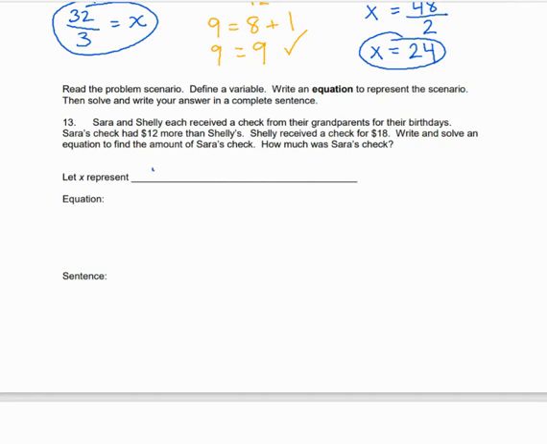So X is the amount of Sarah's check. Or if you said the money on Sarah's check, or the amount Sarah has, anything like that. But we want to be specific that it's an amount of money and that we're talking about Sarah. Does anyone feel confident in sharing their equation?